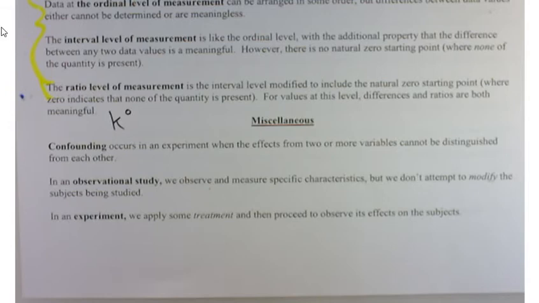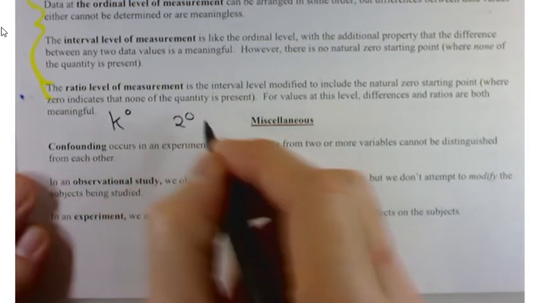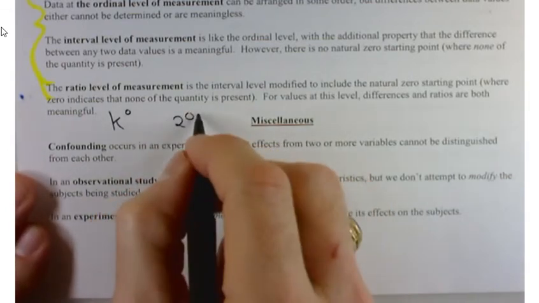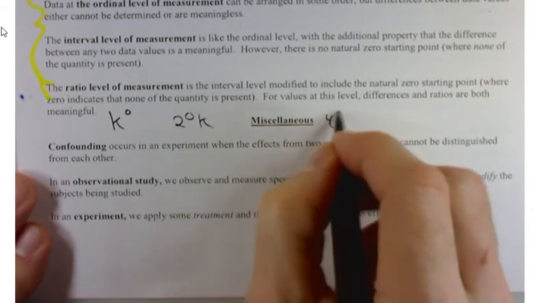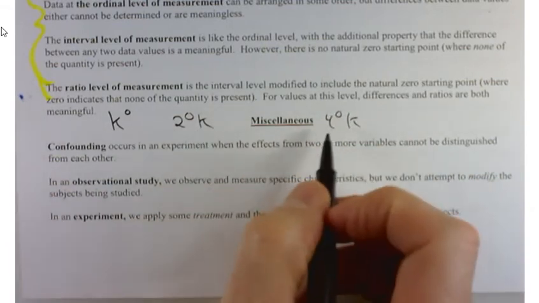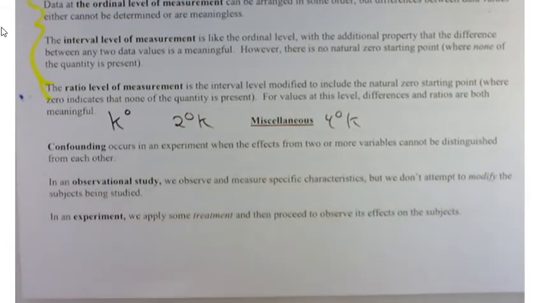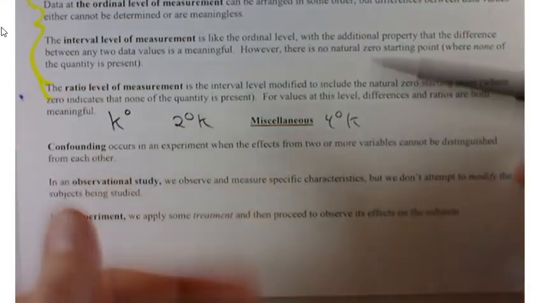I think it's like minus 476 degrees Fahrenheit. I'm not sure. I'm sure somebody could Google that for me real quick. But if it's 2 degrees Kelvin, and then it warms up to 4 degrees Kelvin, yeah, this is twice as warm. Although it's still going to be extremely cold. It does make sense to form the ratio of two things.